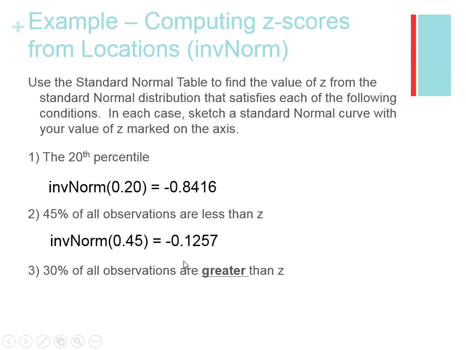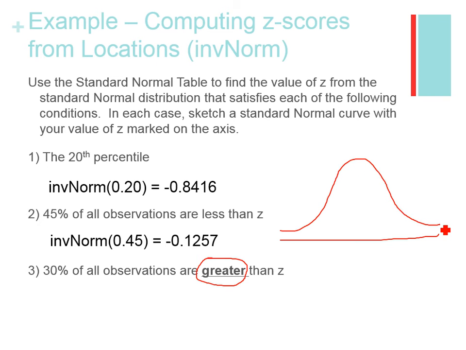And then the last part, notice it's a little bit of a different question because it says greater than. So here, 30% of all observations are greater than z. I'm just going to draw a little curve here real quick. 30% would be over here.